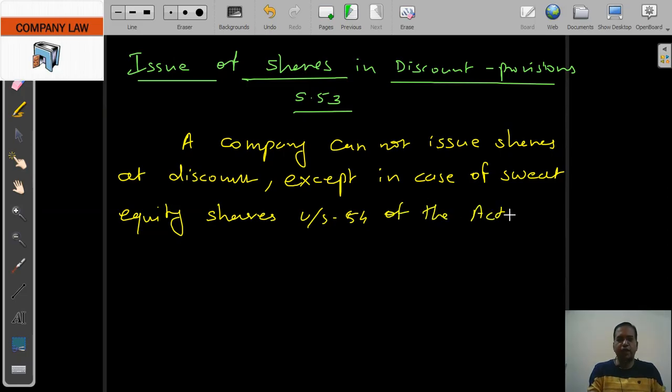Okay, so the company has been prohibited from issuance of shares at discount.